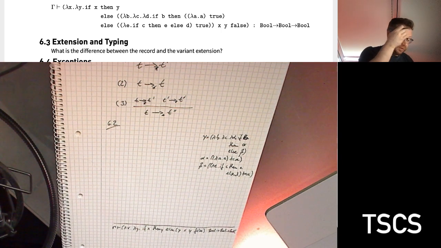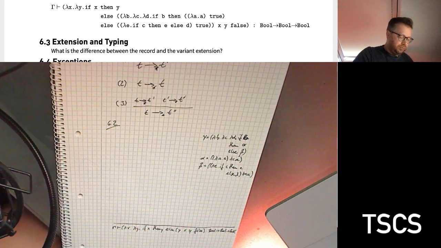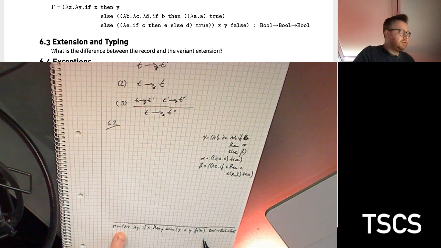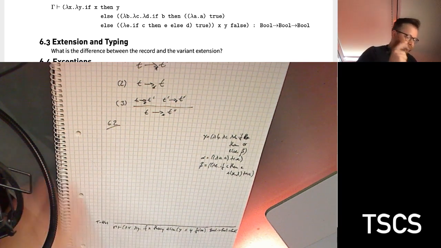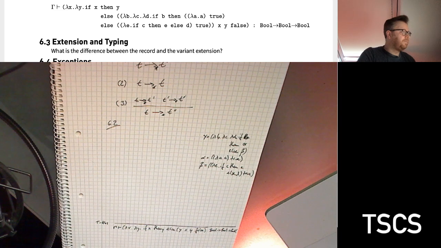So what's our first thing? The outermost term here is an abstraction, so we try to type that abstraction. So we use T-abs. Now we go into typing.